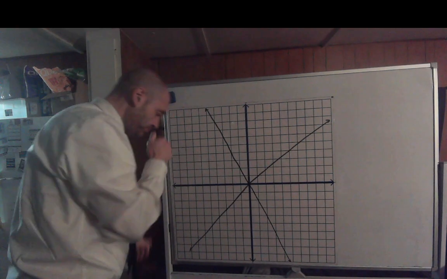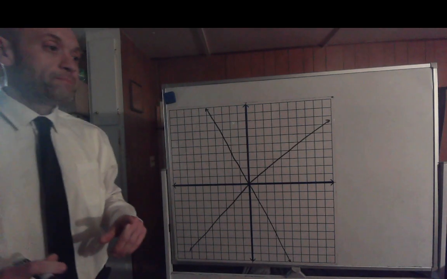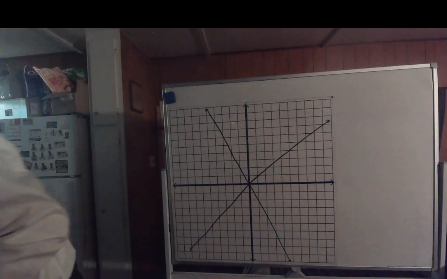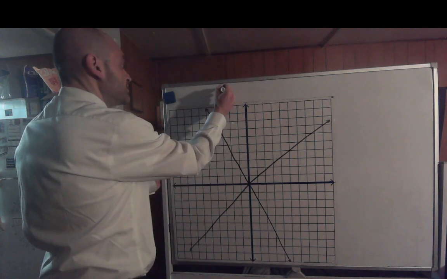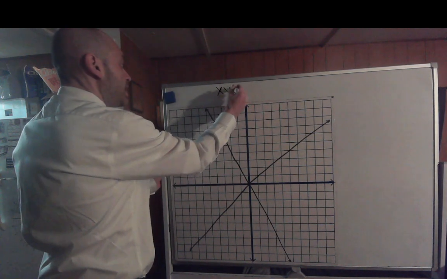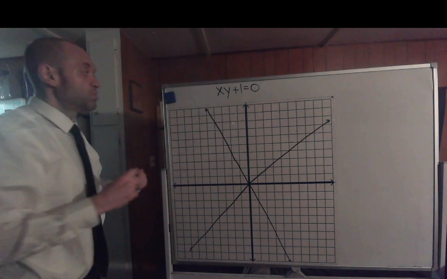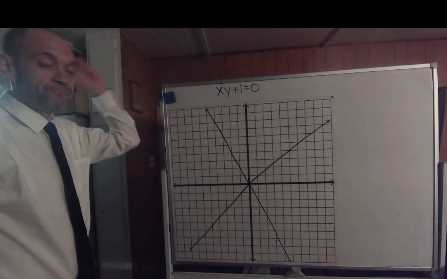Now, we're going to actually start with a real basic example here. Let's say we have something like xy plus 1 equals 0. So we have xy plus 1 equals 0.